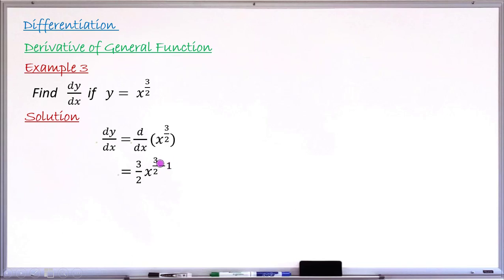I'm trying to remove 1 from this power 3 over 2. Remember 3 over 2 is just like 1.5, so subtracting 1 from 1.5 gives you half. So you now have 3 over 2 x raised to the power of 1 over 2. This is the derivative of this very function y equals x raised to the power of 3 over 2.